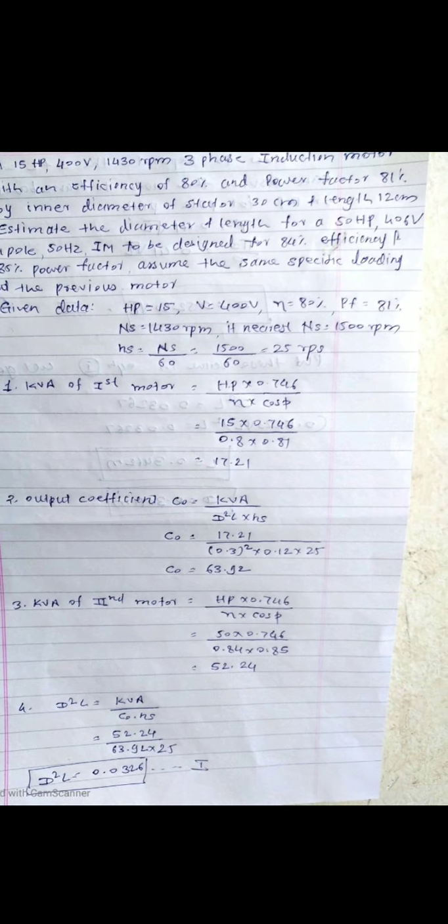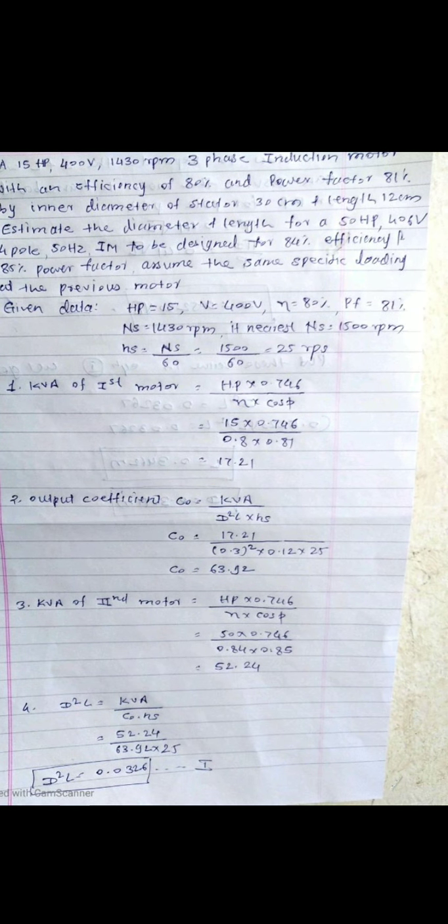Two motors are given: one motor is 15 HP and the second motor is 50 HP. For the first motor the diameter, length, efficiency and power factor are given, and from that we have to calculate the diameter and length for the second motor, the 50 HP motor.